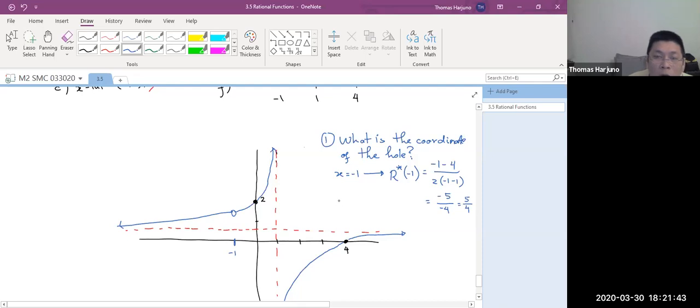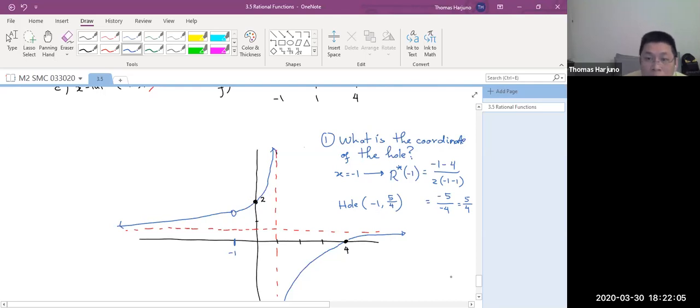Therefore, the coordinate of the hole is (-1, 5/4), slightly above y equals 1. So if this is y equals 1, then the hole is between y equals 1 and y equals 2. Okay, now that's the coordinate of the hole.